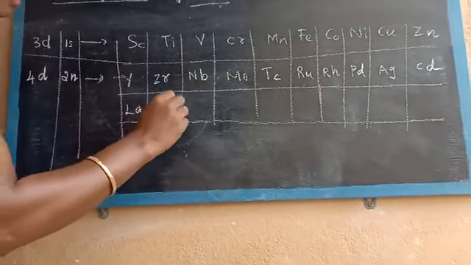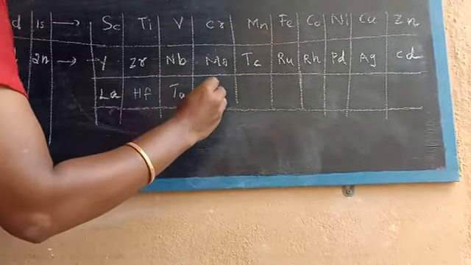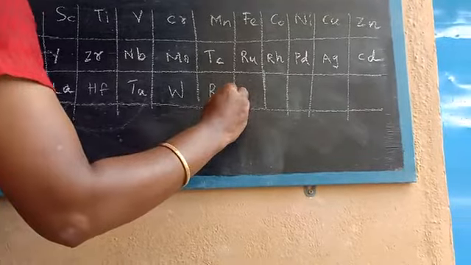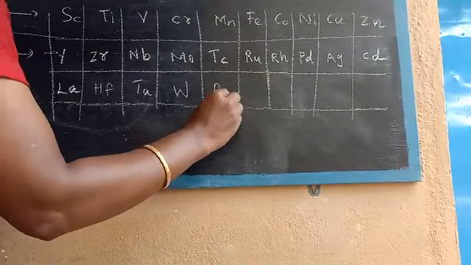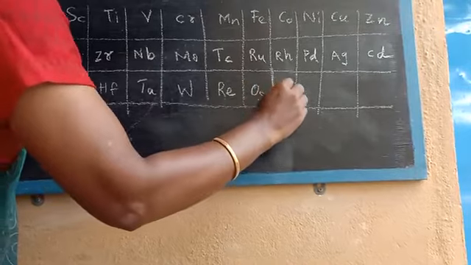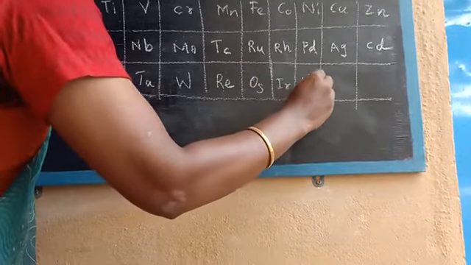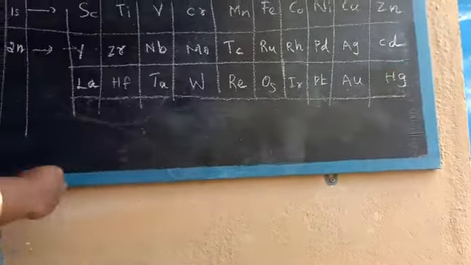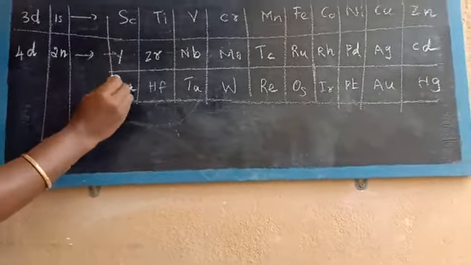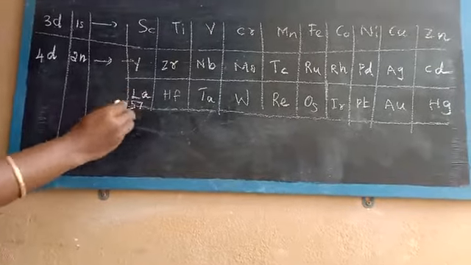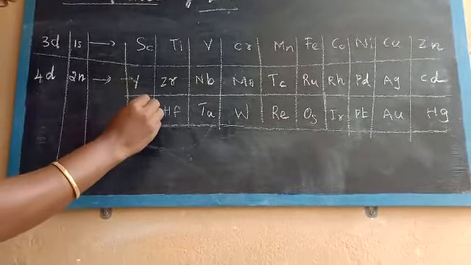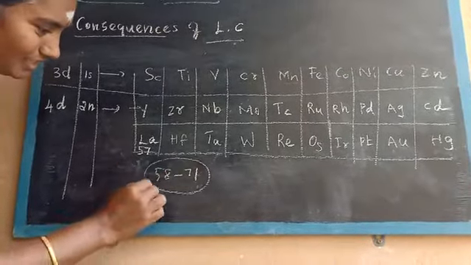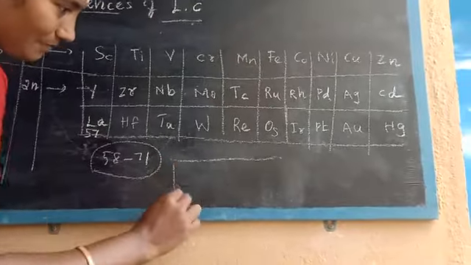Next, hafnium, tantalum, tungsten, rhenium, osmium, iridium, platinum, gold and mercury. Children, see here, the lanthanides have atomic numbers 57, and then 58 to 71, present at the bottom of the periodic table, as we know.